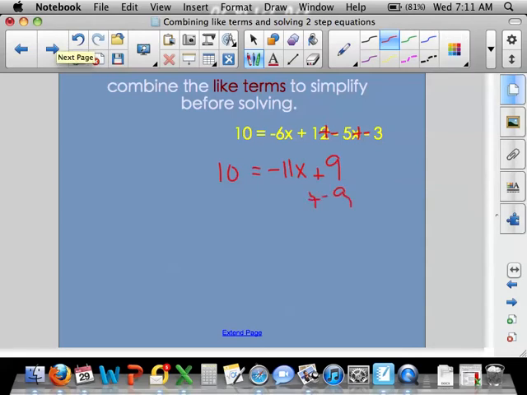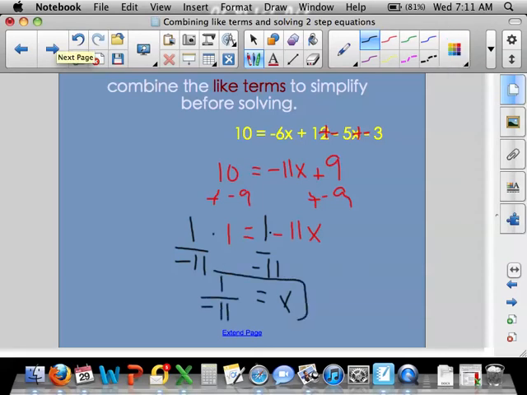Add the opposite of the addend. Multiply by the reciprocal of the coefficient. And we're left with x has to be equal to 1 over negative 11.